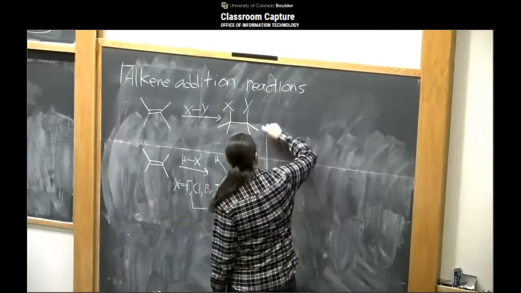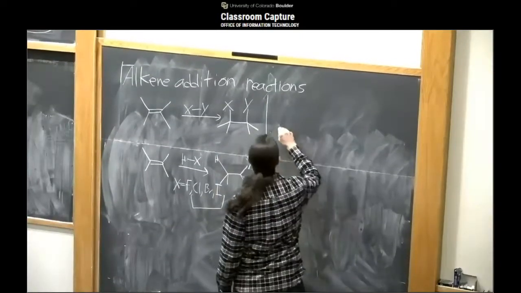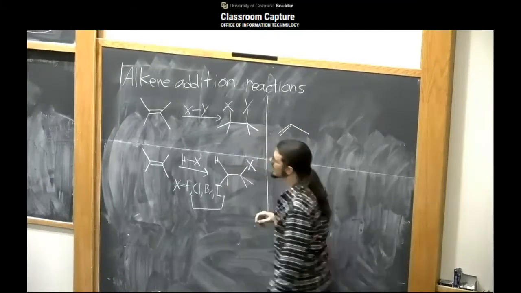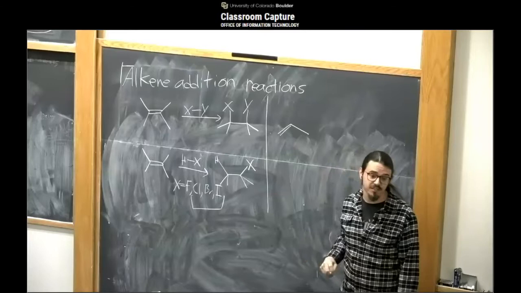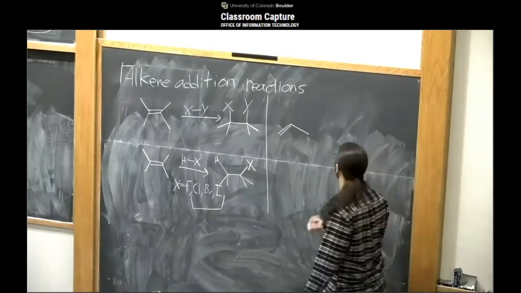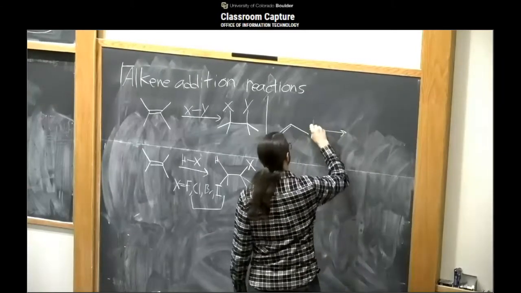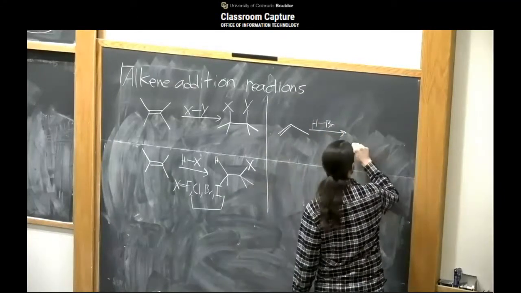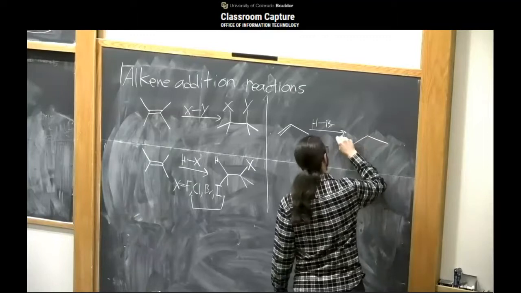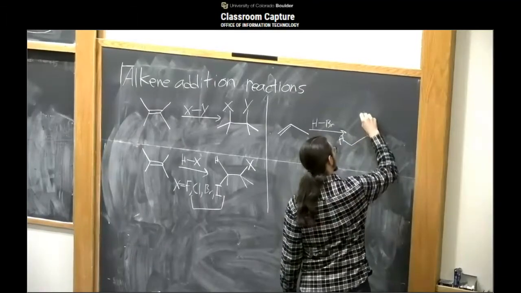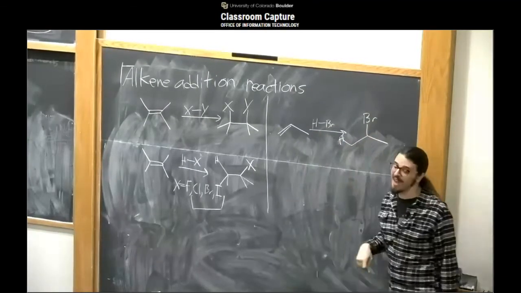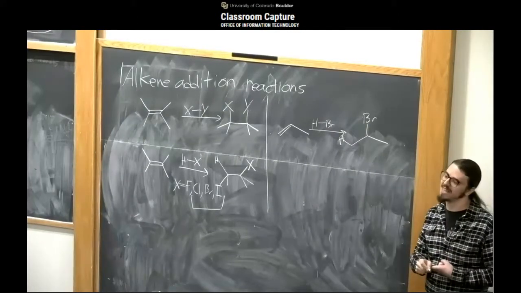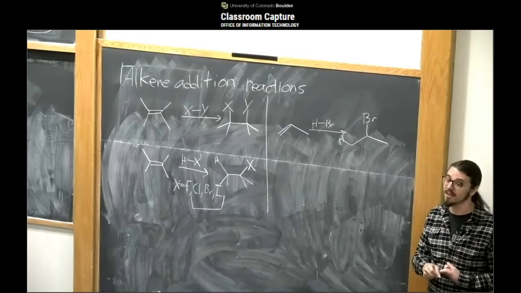So for example, using the substrate I showed initially to introduce reactions, we can show this reaction with HBr. And this one will give us majority this product, where the hydrogen was added to the less substituted of the two carbons in the alkene, and the bromine was added to the more substituted of the two carbons in the alkene.